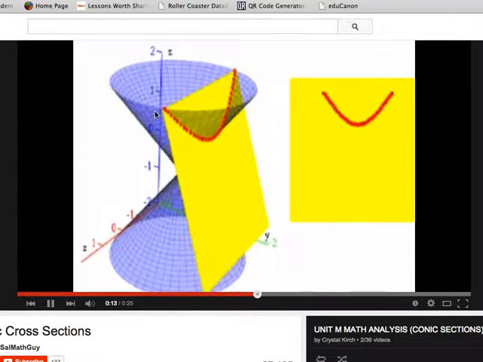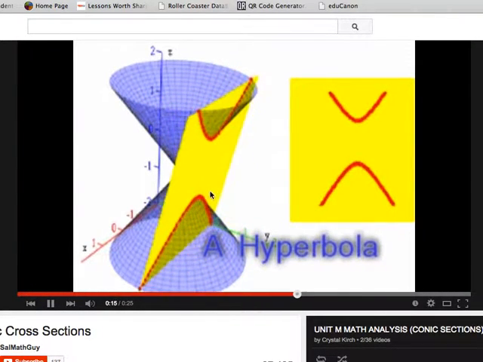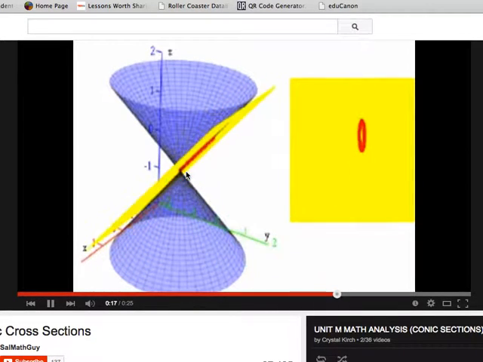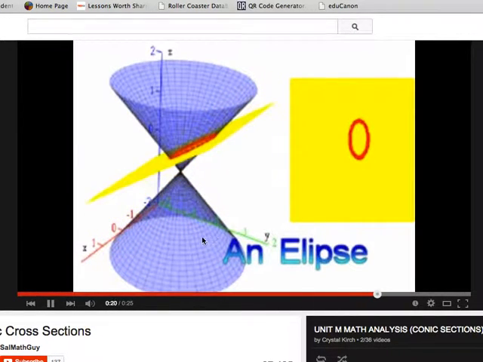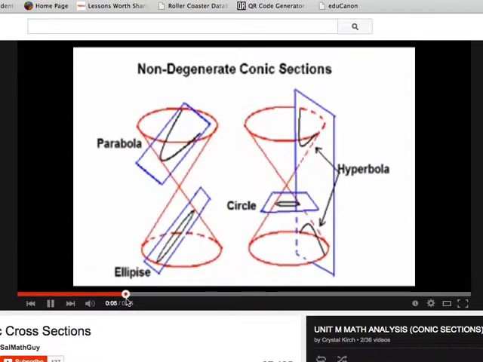As you're changing the angle of this plane, it changes the type of conic that you're going to get. So let's play that again.